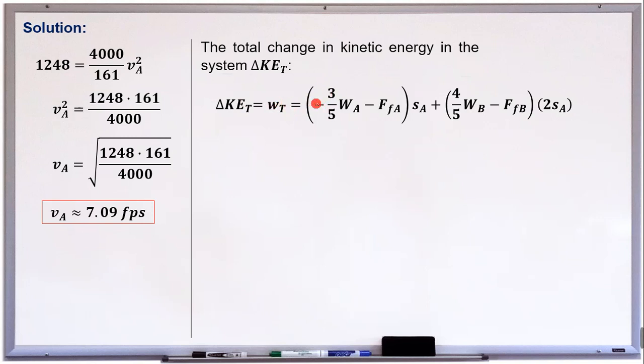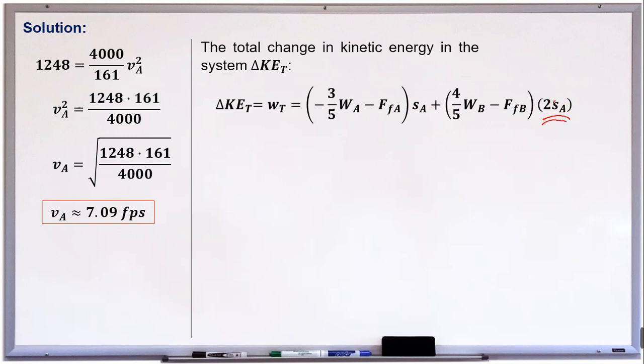So in my case, I use the formula for the work done because it is much easier compared to the kinetic energy. So I have here negative 3/5 weight of A minus the frictional force times the displacement of A plus the expression for the work done on B.